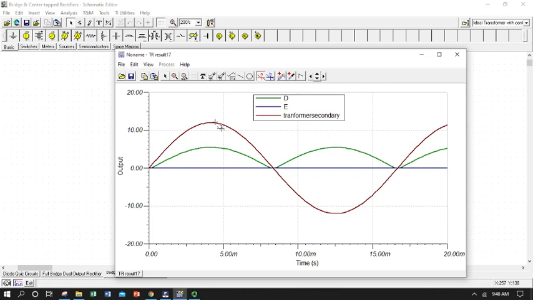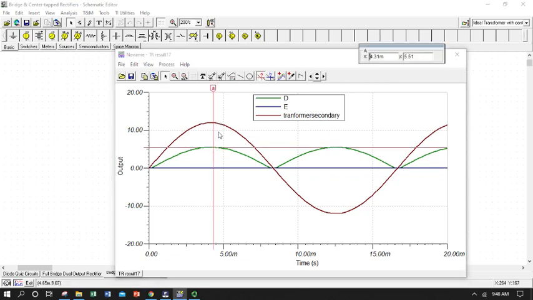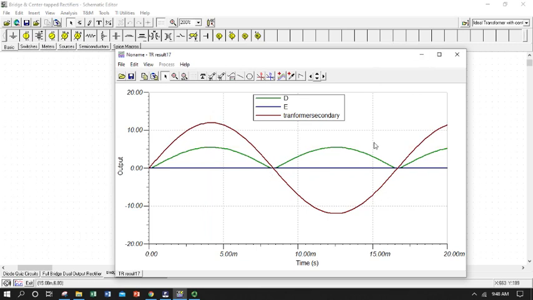Just to verify, we should have 6 volts peak minus the 0.7-ish going through our diode. You can see that here in our peak that we're measuring. That's pretty close. Our model is probably giving us somewhat non-ideal behavior for our diode, so we have 6 minus a bit for the forward voltage of the diode. That's reasonable. So there's what we get with a center tapped full wave rectifier.